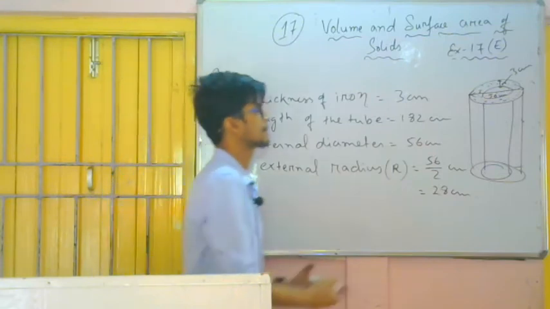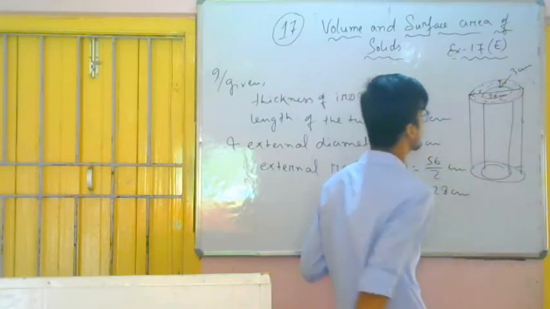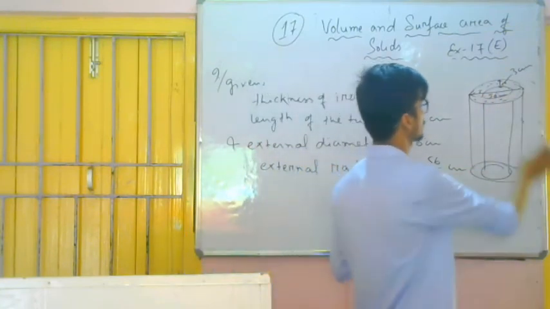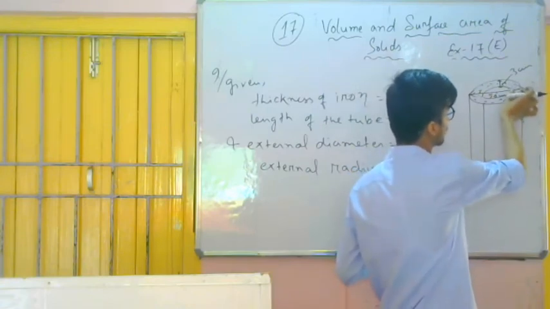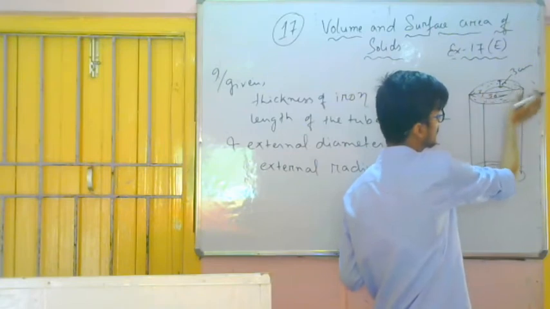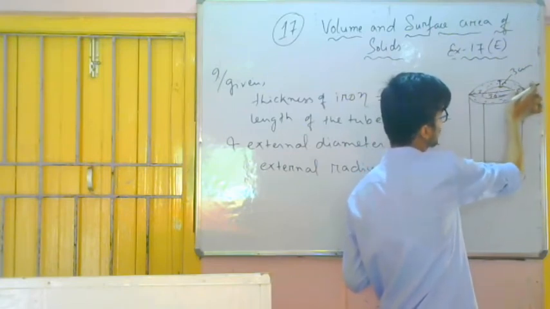First of all I will find the internal diameter, then I can find the internal radius. So this is the thickness, this portion is the internal side. You see, they are also 3 centimeter, this side also it is 3 centimeter thick.